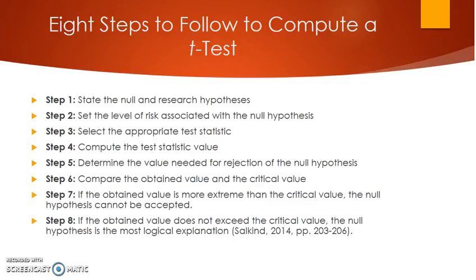Step 5, determine the value needed for rejection of the null hypothesis. Step 6, compare the obtained value and the critical value. Step 7, if the obtained value is more extreme than the critical value, the null hypothesis cannot be accepted. And step 8, if the obtained value does not exceed the critical value, the null hypothesis is the most logical explanation.